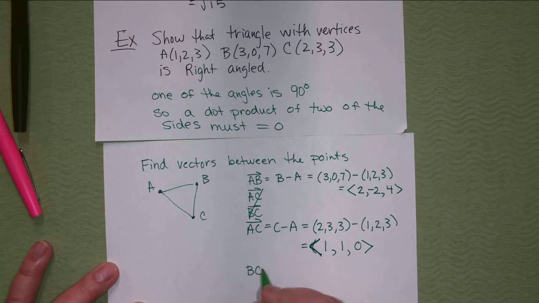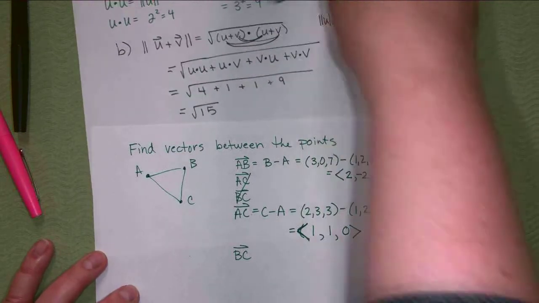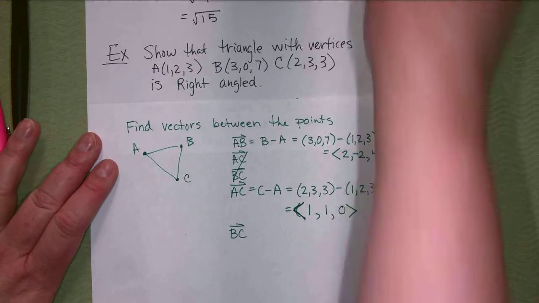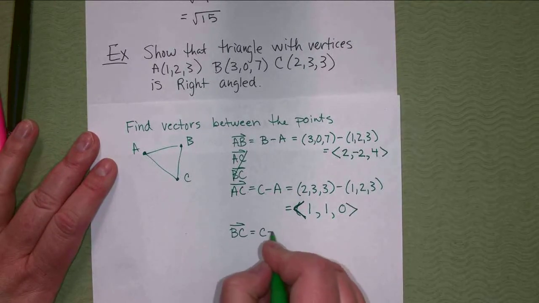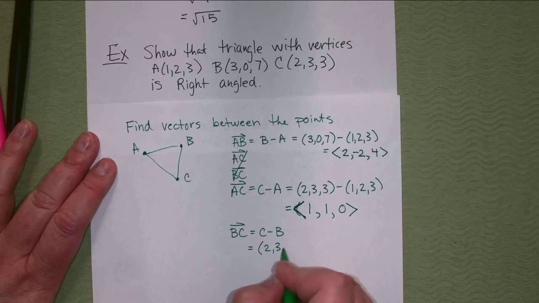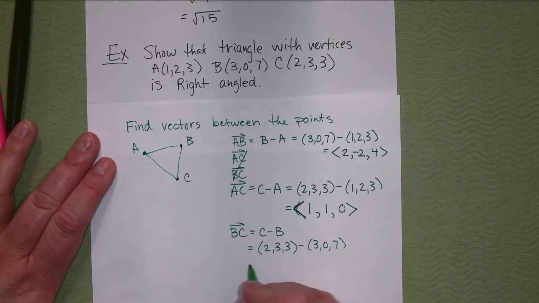And then BC is C minus B. 2 minus 3, 3 minus 0, 3 minus 7.